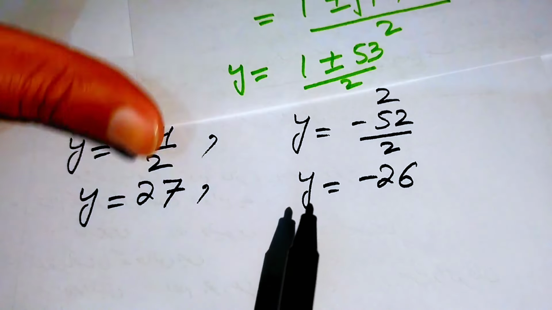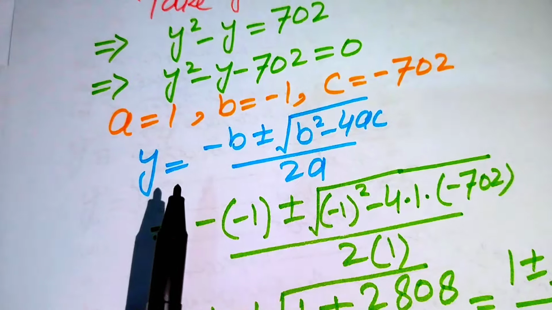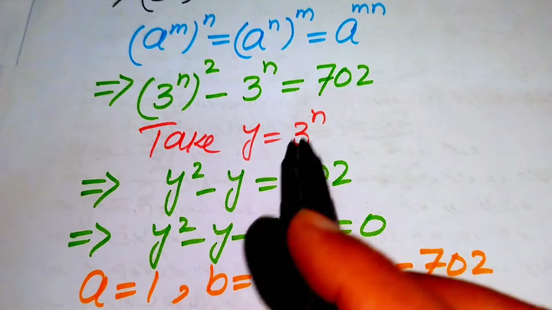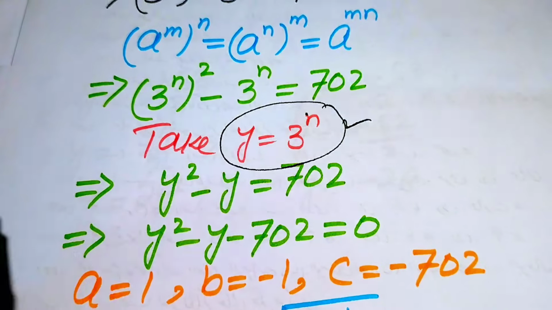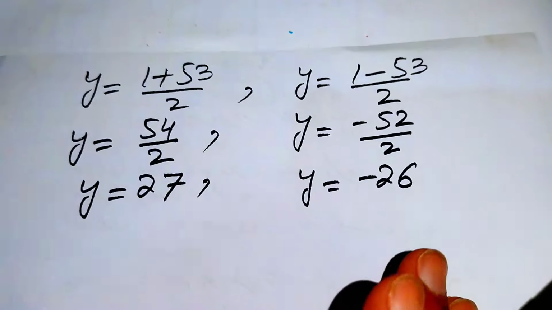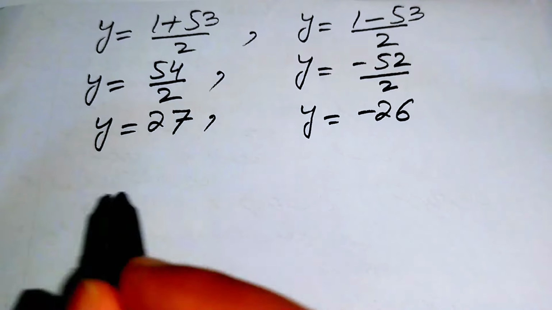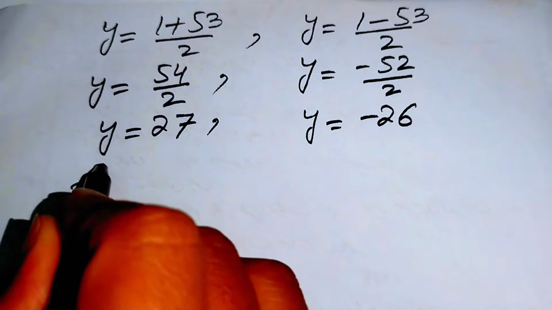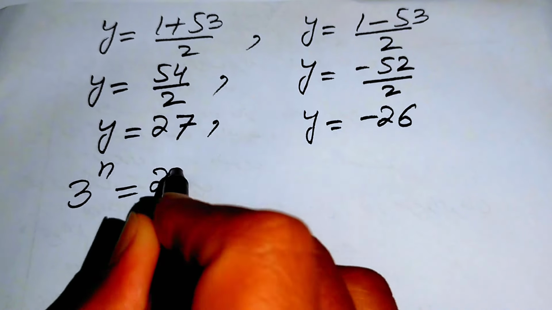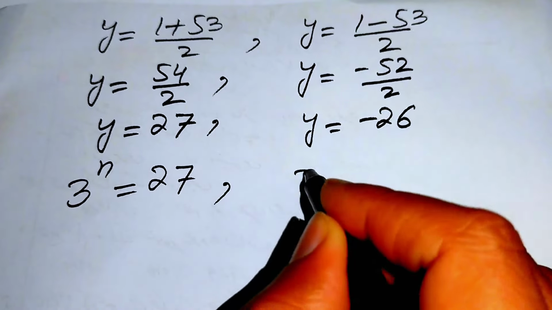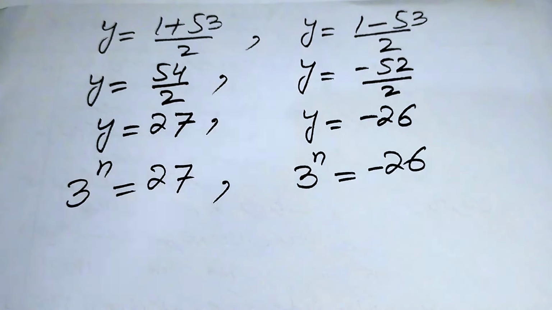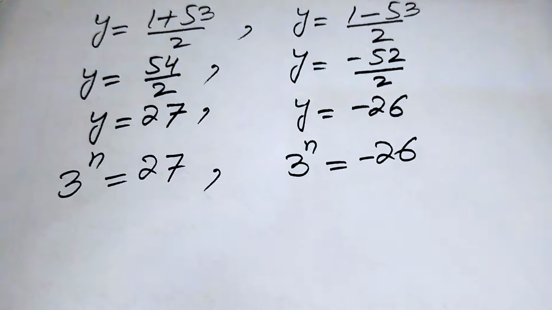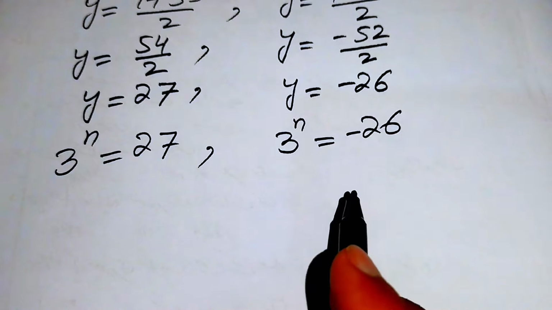But you see that we took y equals 3 to the power of n. So now we back substitute these values of y in both cases, and we get 3 to the power of n equals 27, and 3 to the power of n equals minus 26. First we focus on the second case.